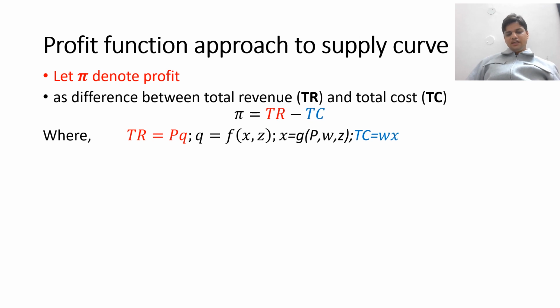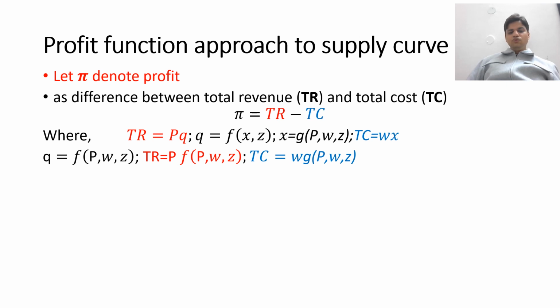But in this case only one X is there. So X is now a function of the price of output, the price of the input X, and the fixed factor Z. So total cost we now assume as W times X, because W is the price of input X multiplied by the quantity of input X. Q can further be defined because you can substitute X by this G, correct?